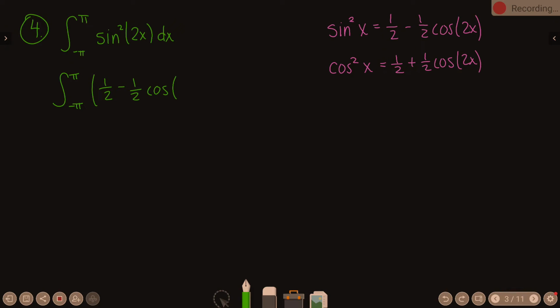If you look right here, the rule is for sine squared of x. And so this says to do 2 times whatever is in the sine squared. Since ours is 2x, we're doing 2 times 2x, or in other words, 4x. Did you catch that? Okay.